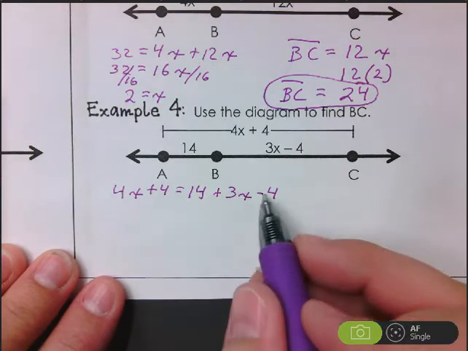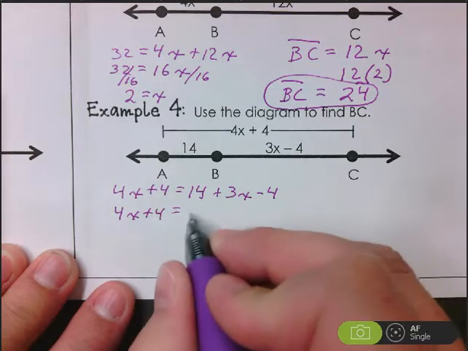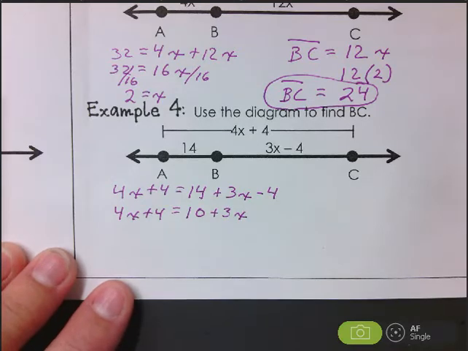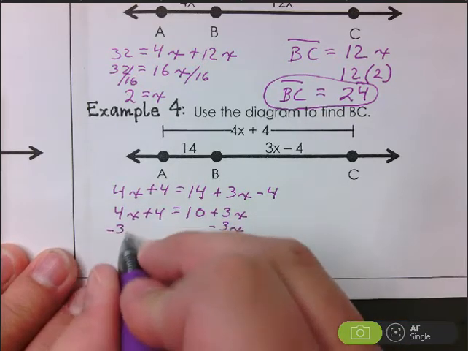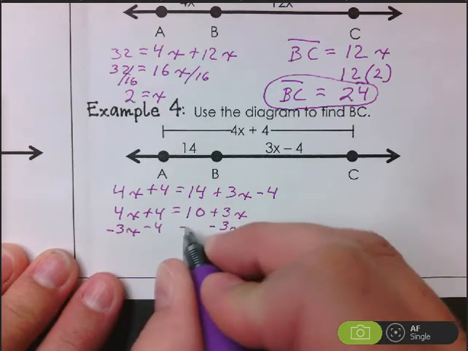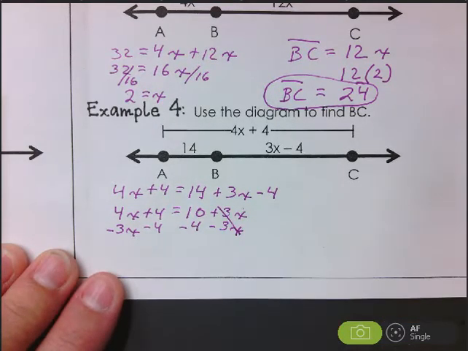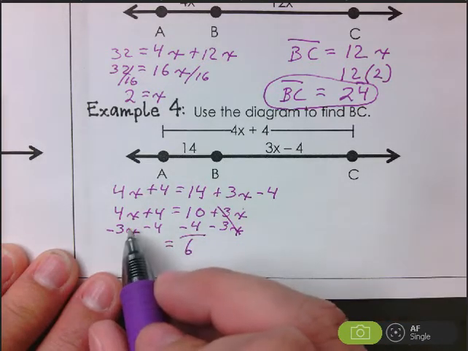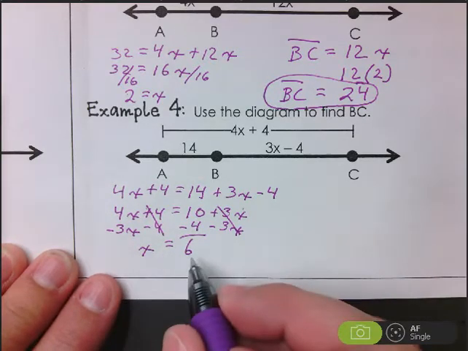Again, I have 14 and a minus 4, so I'm going to say 4x plus 4 equals 10 plus 3x. So now from here, I'm going to continue to simplify so I can solve for x. So I'm going to subtract my 3x from both sides, subtract my 4 from both sides. So now over here, those cross out. I'm left with 6 equals, on the left-hand side, my 4's cross out. I'm left with 1x, so x equals 6.